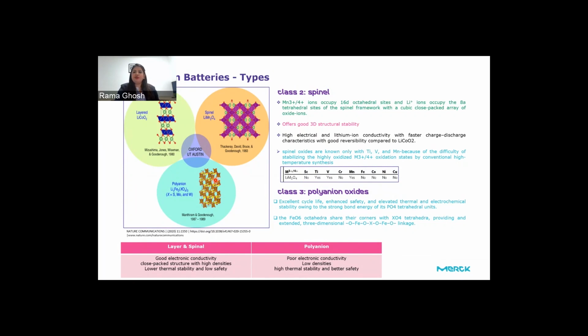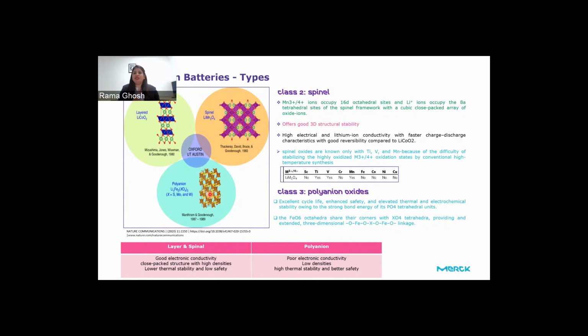Another class of cathode is polyanion oxides, as you all know, and the widely used cathode material right now is lithium iron phosphate, LFP. The main reason is its structure: it is a one-dimensional structure, and it has an excellent cycle life.